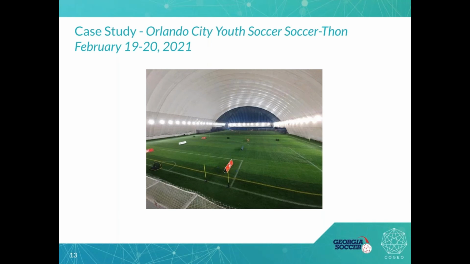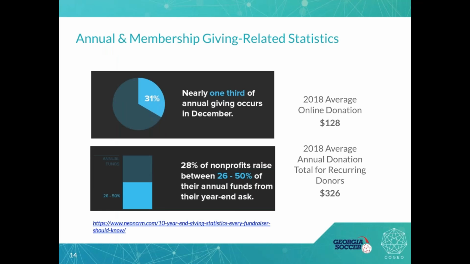So the next slide, just some statistics, because it's important to understand what's really happening. What we know is almost a third of giving occurs in the last month. 31% of annual giving occurs in December. That's why, again, you need to be in the game in terms of having a solicitation.